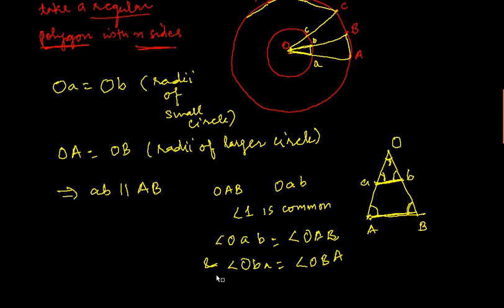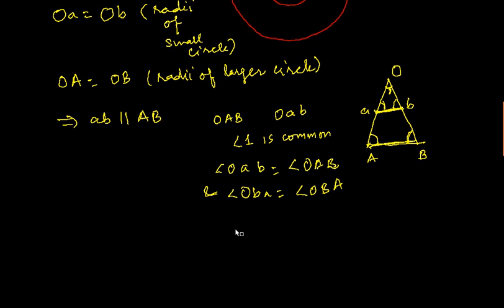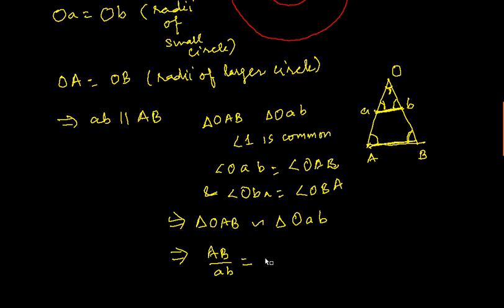So these two triangles are similar. Triangle OAB is similar to triangle OAB. Now if these two triangles are similar, it means that capital AB upon small ab is equal to capital OA upon small Oa. Okay, you get this thing.